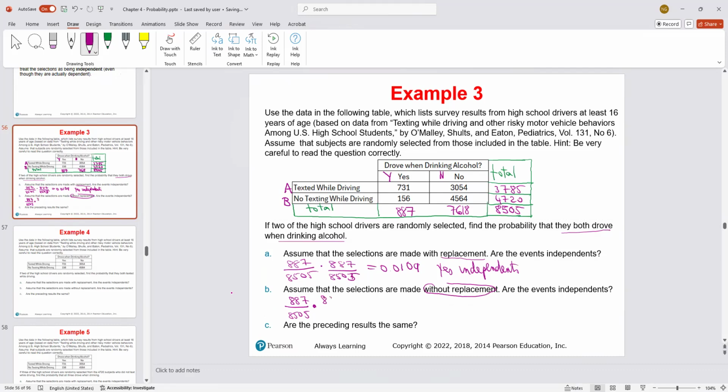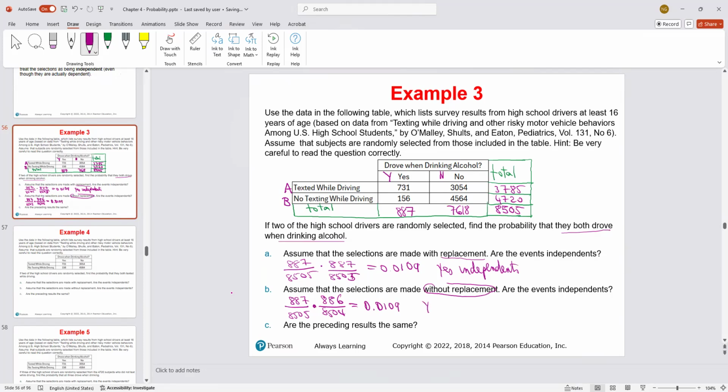You have 6 over what again? Yeah, because you need to remove it also in the denominator, 8504. So when you multiply these two probabilities, you multiply the numerators together and the denominators together, right? Then the answer would be very close to it.